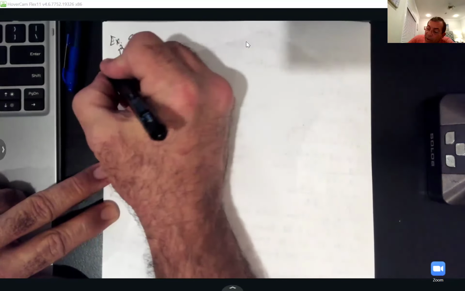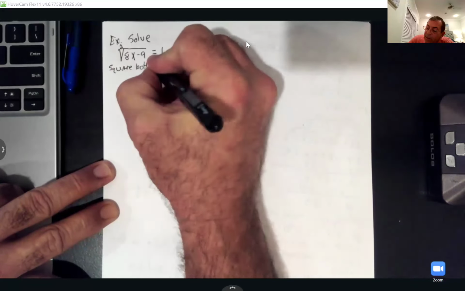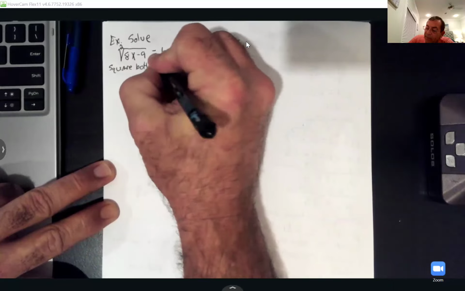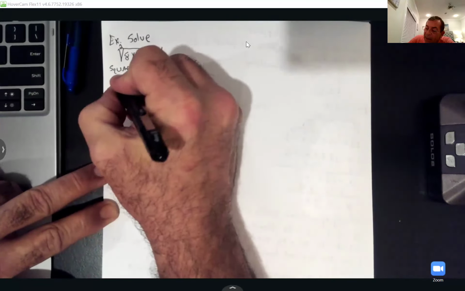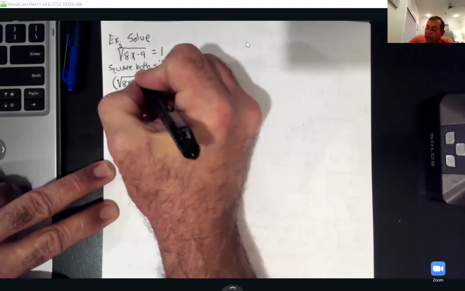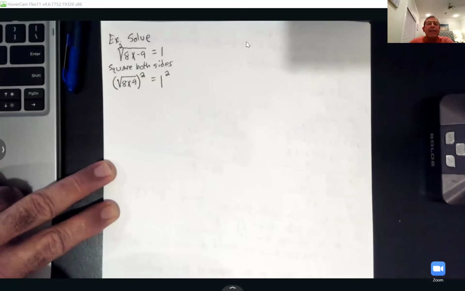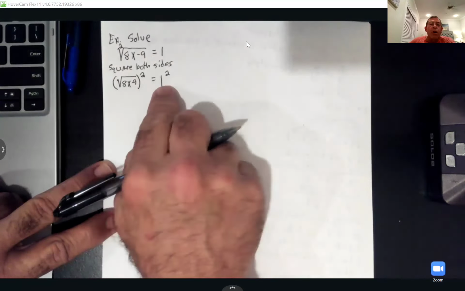So what we would do here is square both sides, and by that, I mean raise both sides to the second power. So if I square that side, I have to square the right side. That's what that little property was talking about.